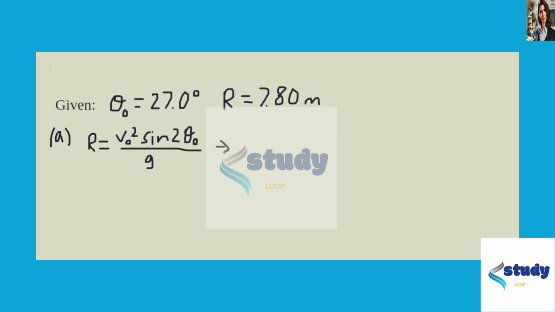Now, if you solve this for V naught, you get the square root, because V naught is squared, of r times g, because we move g to the other side of the equation by multiplying both sides by g, divided by sine 2 theta. So we're isolating V naught.